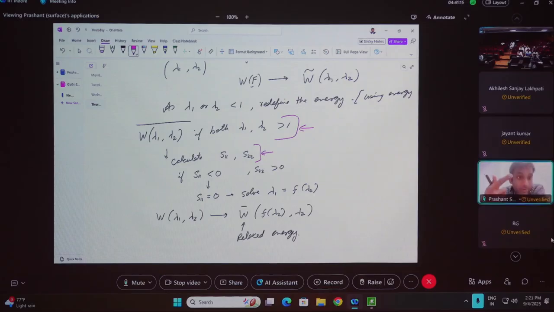And if any one of them becomes negative, or basically as any one of them approaches 0 or starts becoming close to 0, that's the hint for you that wrinkling is starting to happen now, and I need to switch my energy from the usual energy to a relaxed energy.